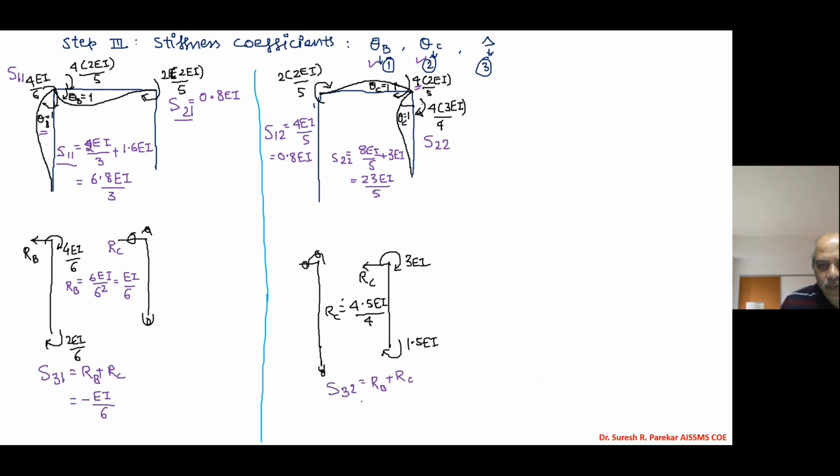And as S32 we have minus 4.5 EI by 4, because RC we have towards negative, so we have this value.